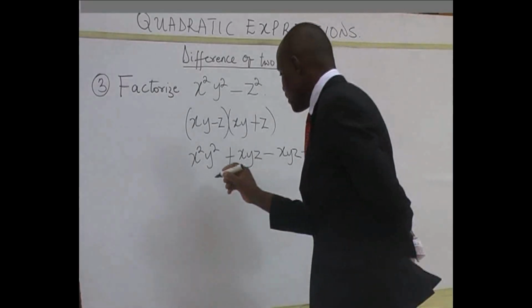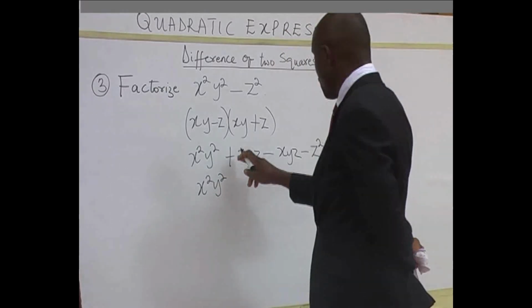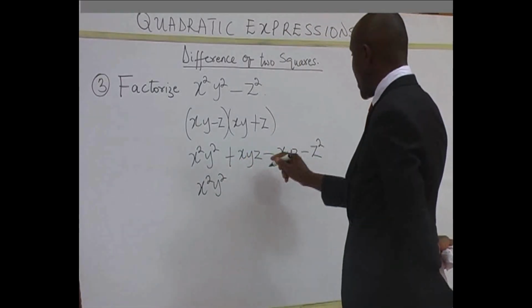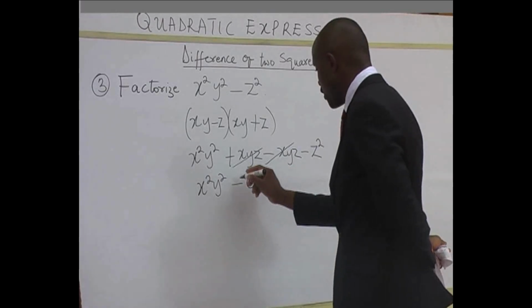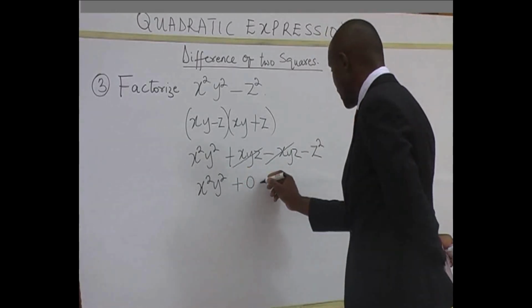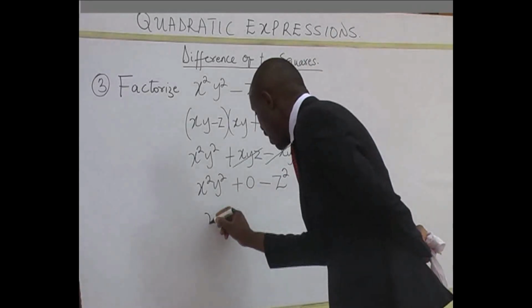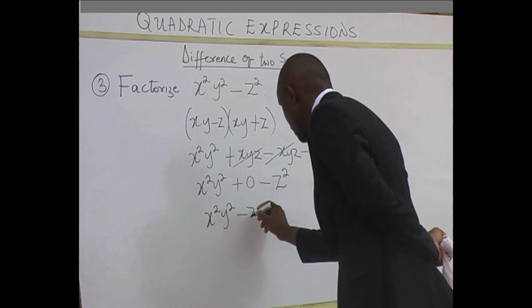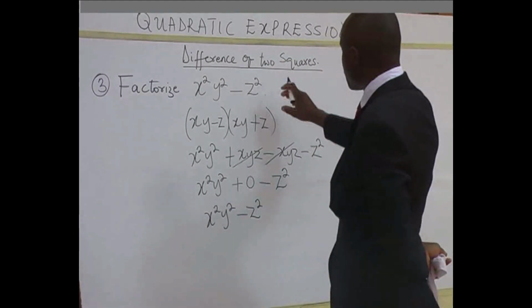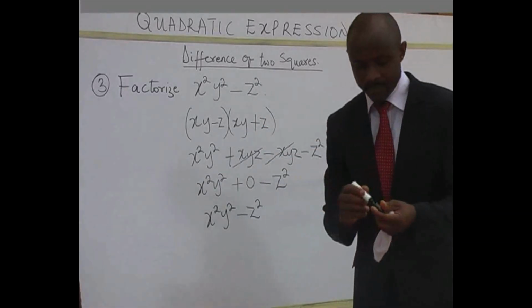Collect like terms. Bring down x squared y squared plus xyz minus xyz. We cancel and leave you with 0. So we have minus or plus 0. This can be plus or minus. Then minus z squared. If you simplify further, you find out you are going to have x squared y squared minus z squared, which was the original expression that we had.